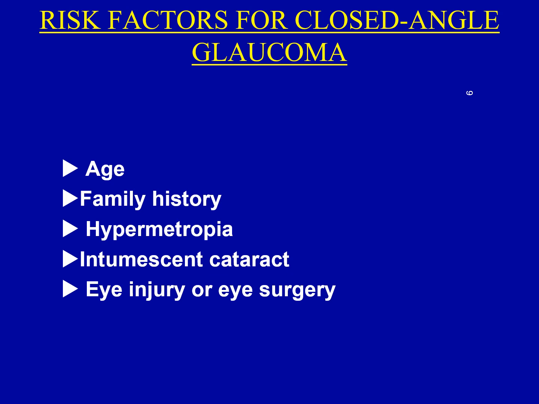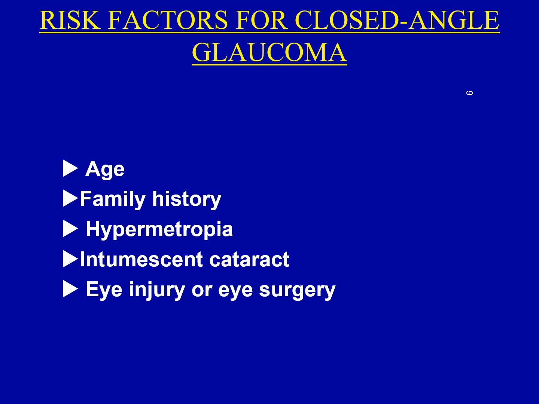Normally, the eye is small, so the iris lens diaphragm is forwardly placed. The lens pushes the iris forward, which makes the eye more prone to narrow angle. And if the lens is intumescent, meaning it imbibes water and becomes bigger in size, it pushes the iris forward, so that is another risk factor.